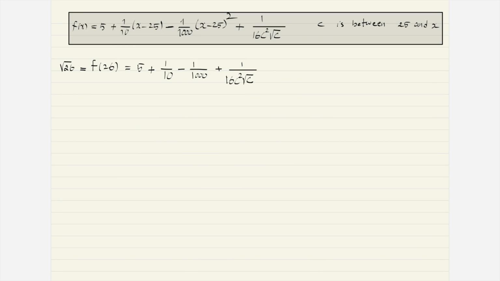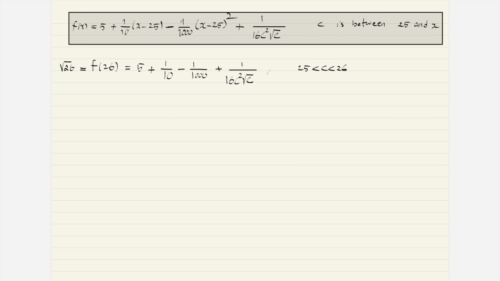But then here c is between 25 and x, but x is 26. So what I can safely write is that c is between 25 and 26.